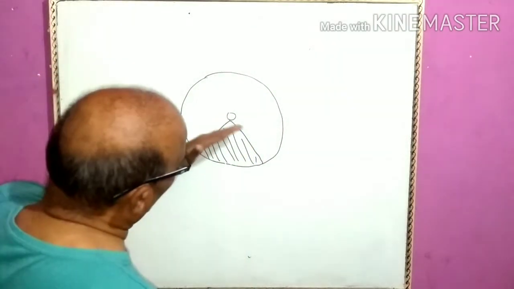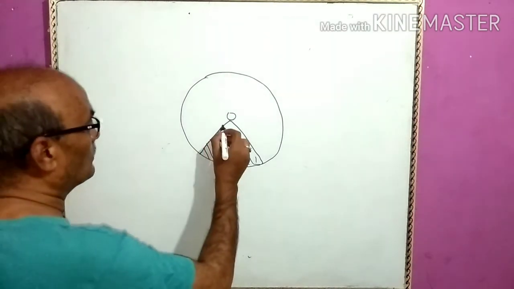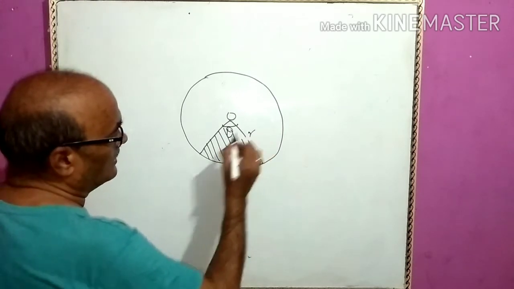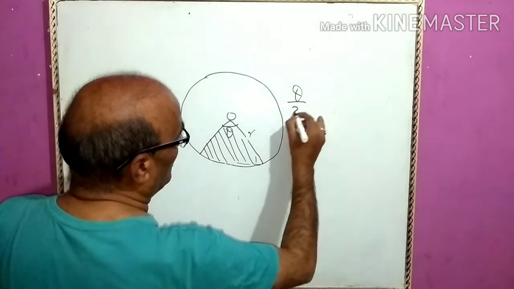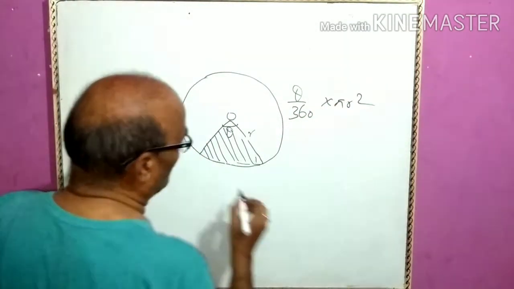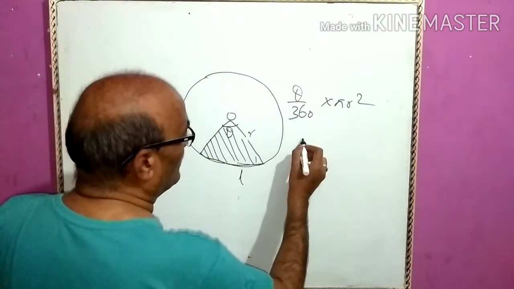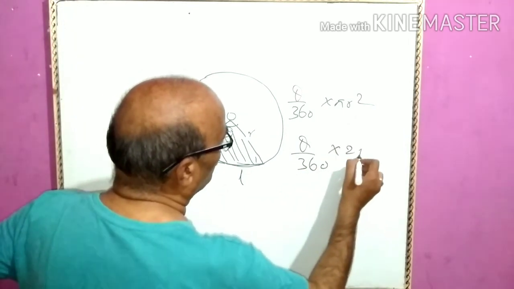It is bounded by two radii and this arc. Suppose this angle is theta and the radius is r, then its area is theta by 360 into pi r square. And the length of this arc L is given by theta by 360 into 2 pi r.